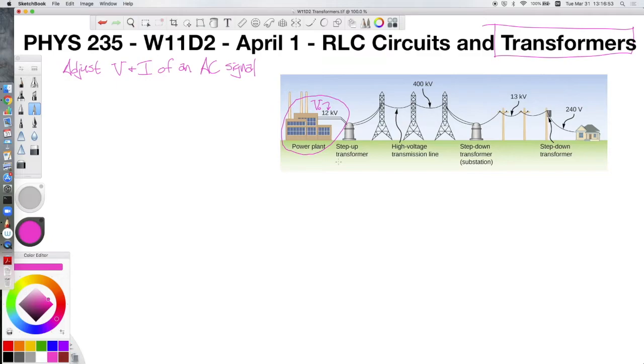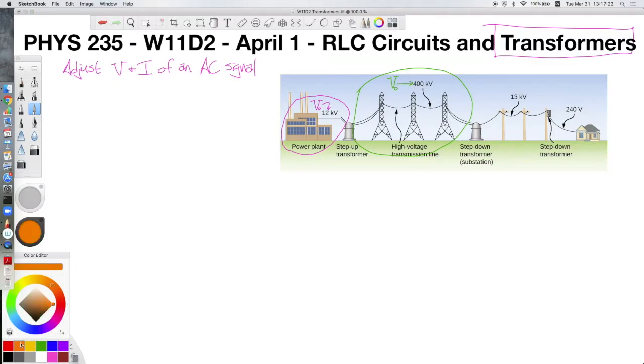But it's actually not a good idea to transmit electricity across power lines at the same voltage the entire time. We eventually end up stepping up this voltage to 400 kilovolts. Note that that is a lot higher than the 12 kilovolts that this started out at.